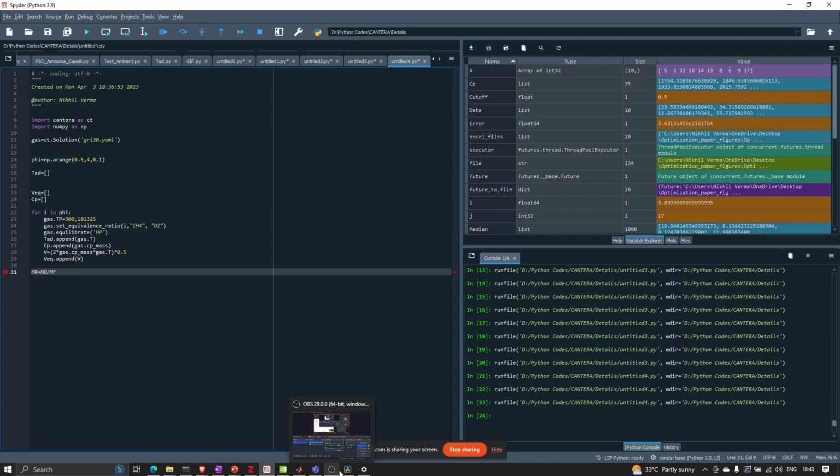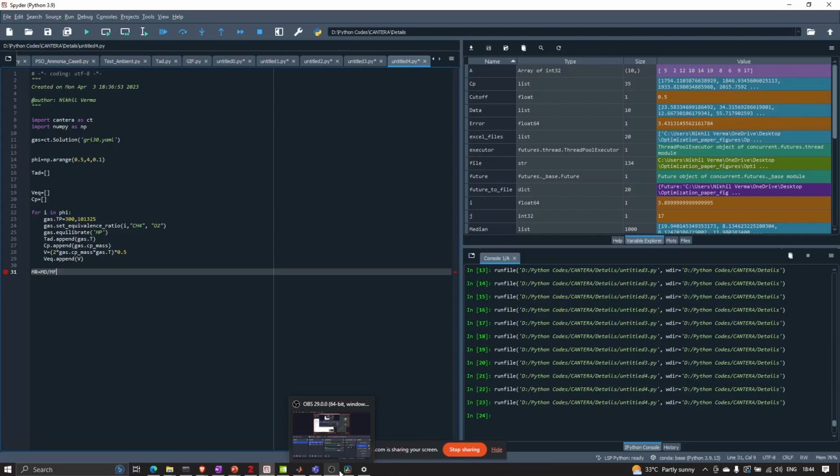So mass of the fuel divided by mass of the oxidizer is just 1 by mixture ratio. With the molecular weight 16 and 1 mole, and 2 into 32, this becomes 1 by 4.